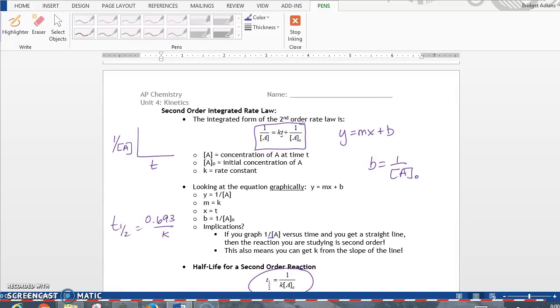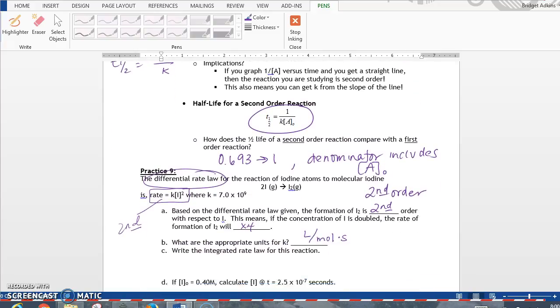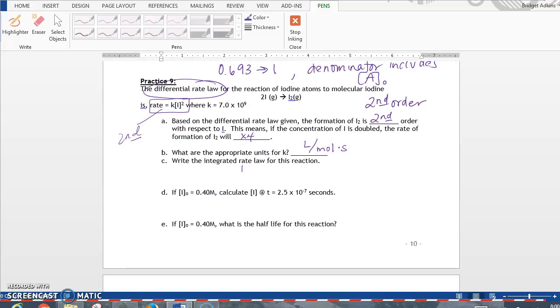So we write out our integrated law in terms of I: 1 over the concentration of I equals k, which they gave me, 7.0 times 10 to the 9th, times t plus 1 over the starting concentration. They didn't give us the starting concentration anywhere that I see, so we wouldn't have anything to plug in there. We would just leave it in there symbolically. In parts D and E, they give you some more information and ask you to solve.